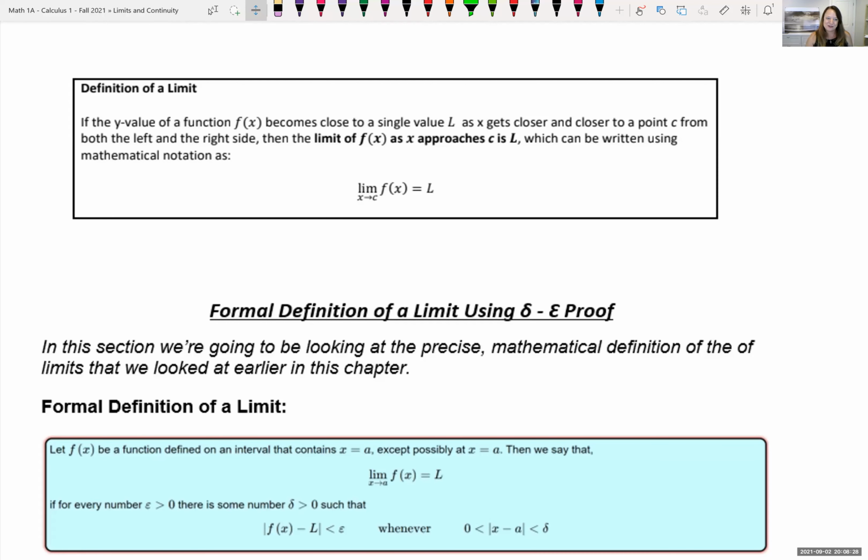Pretty much all semester, we've been looking at limits, how to find limits algebraically, how to find limits by looking at a graph.